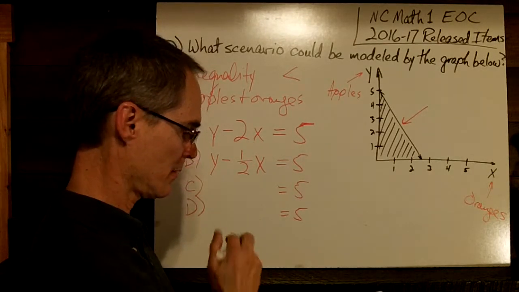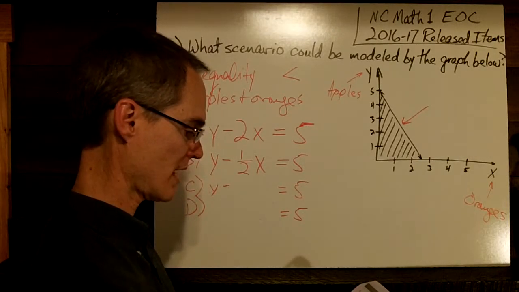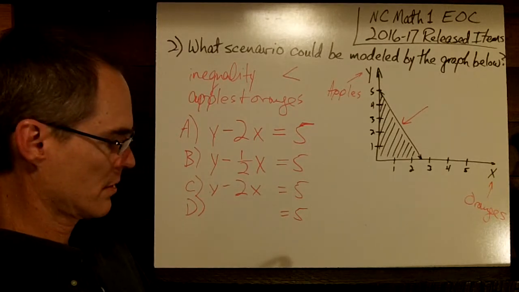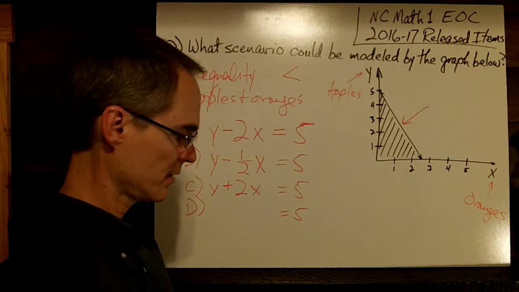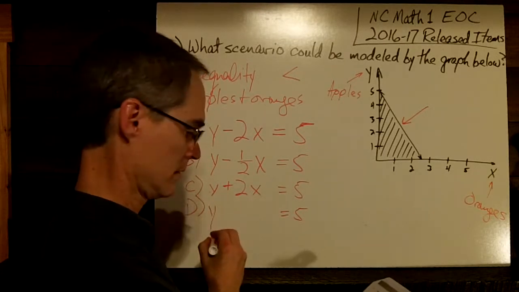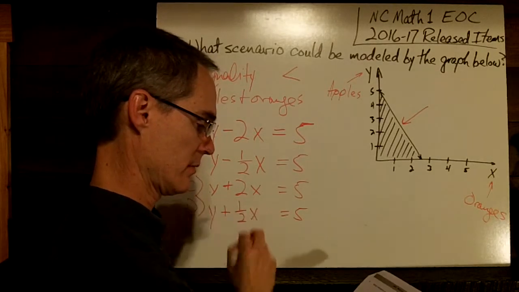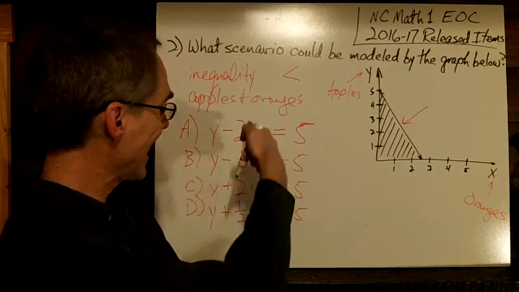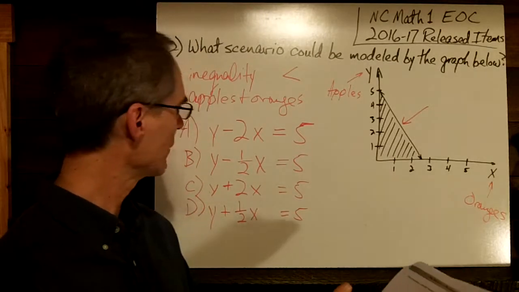C: y plus 2x. And D is y plus half x, at most 5. So I've got my four scenarios written as equations. Technically they're supposed to be inequalities, but I'm not going to worry about that right now.